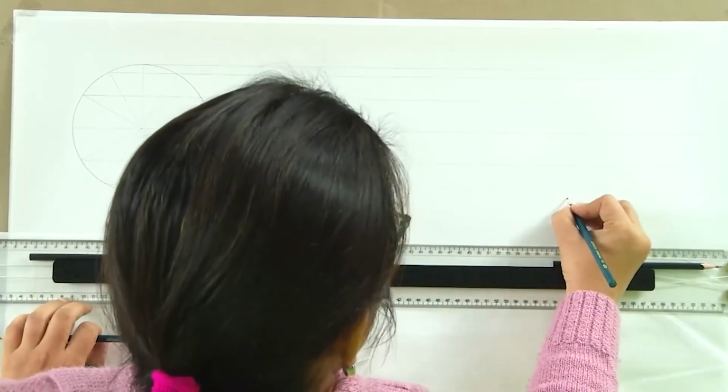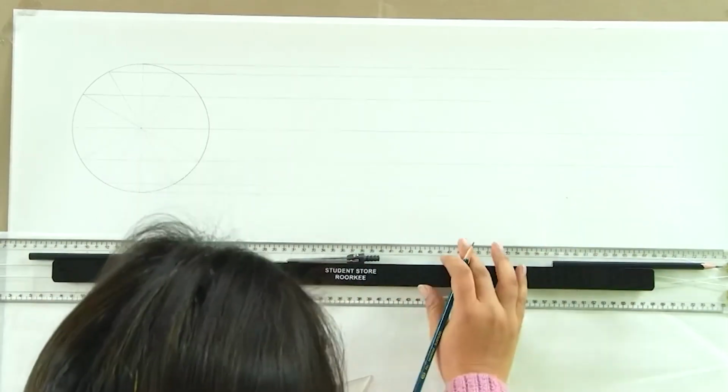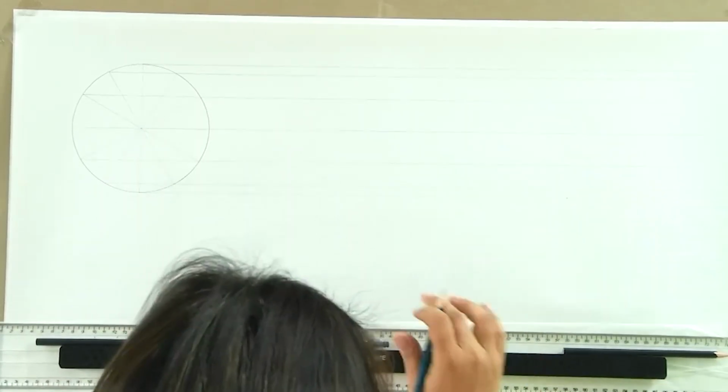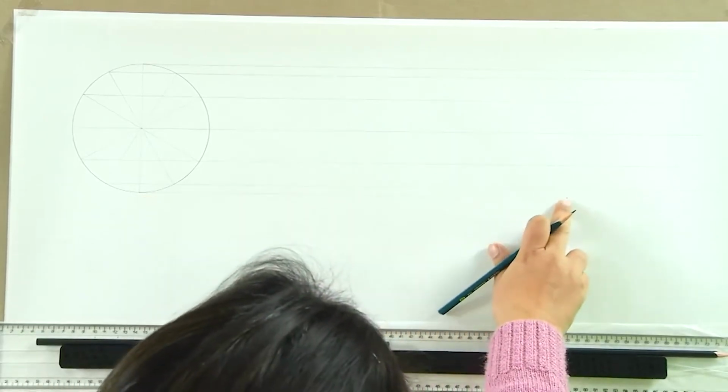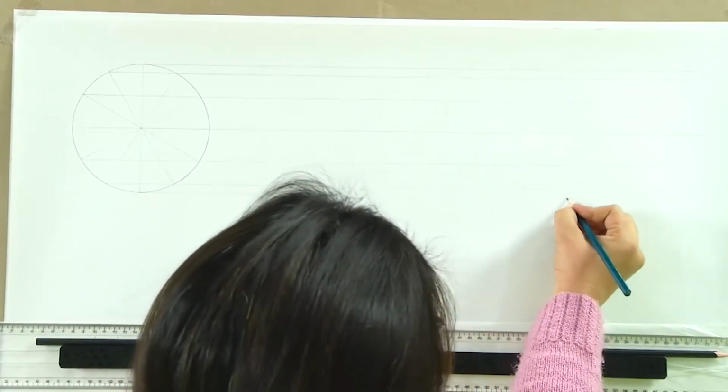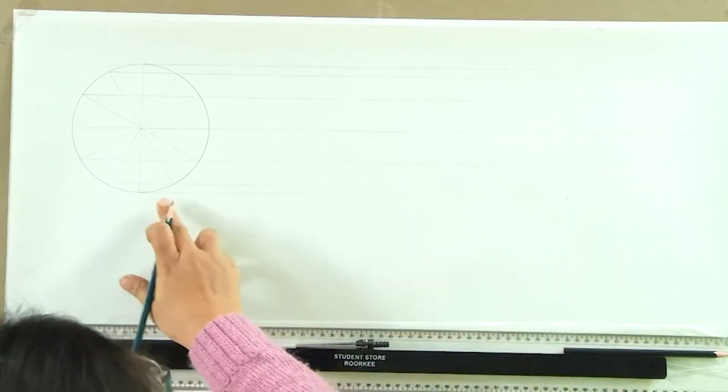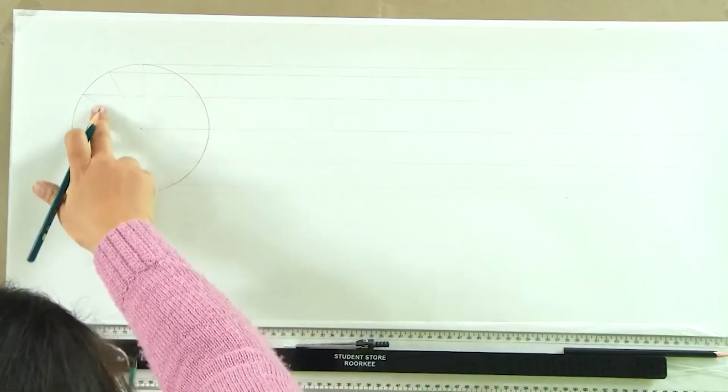So, this is 44 centimeters, and now we will divide this line which we have drawn here, which is equal to the circumference of the circle, into the same number of parts into which the circle has been divided. So, here we are taking 12 parts.